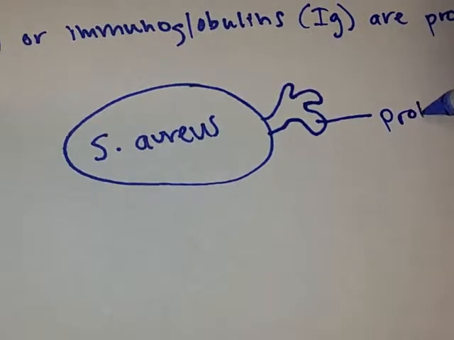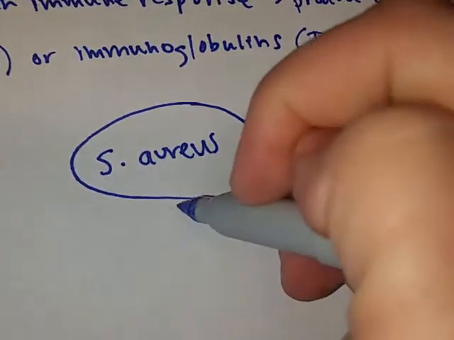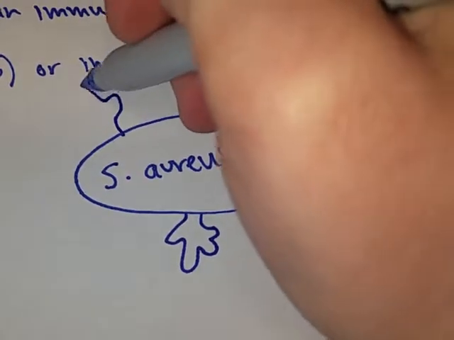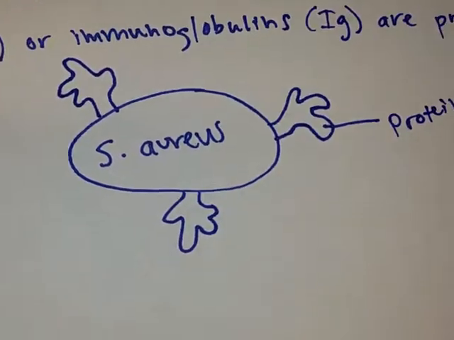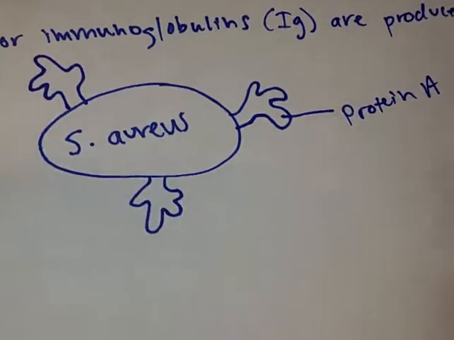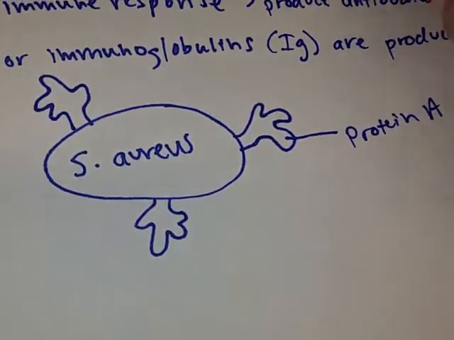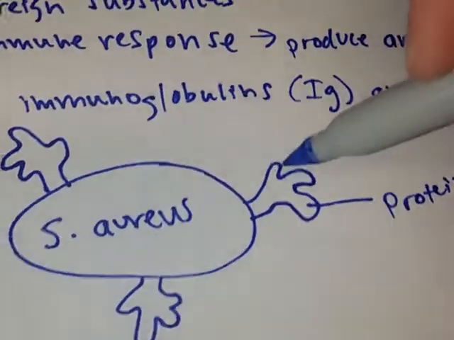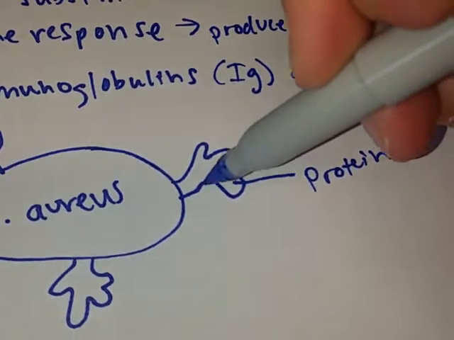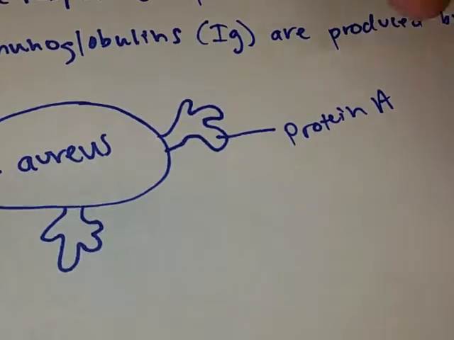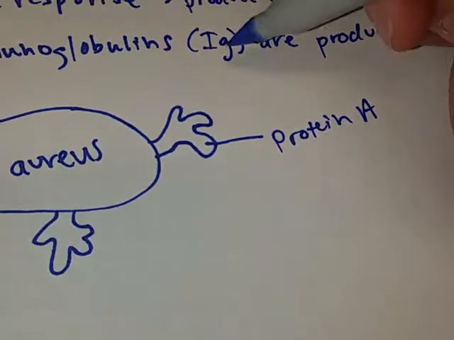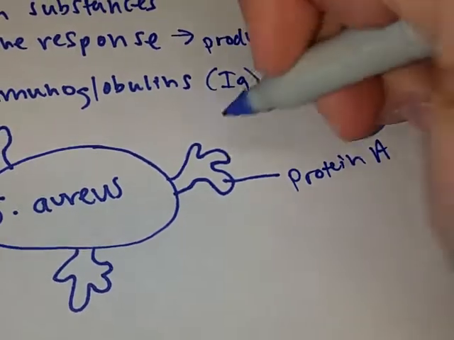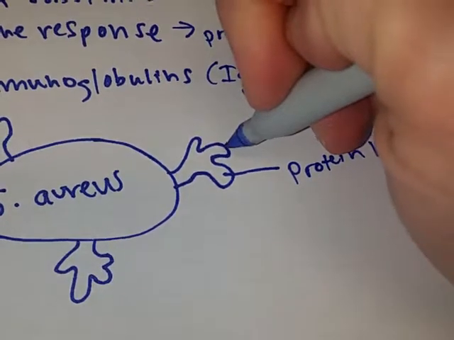There might be lots of these protein A's on the surface. Antibodies that bind to protein A, if they're anti-protein A, bind to some part, wherever, and that is called the epitope. The epitope is the more specific pinpoint location where the antibody binds.